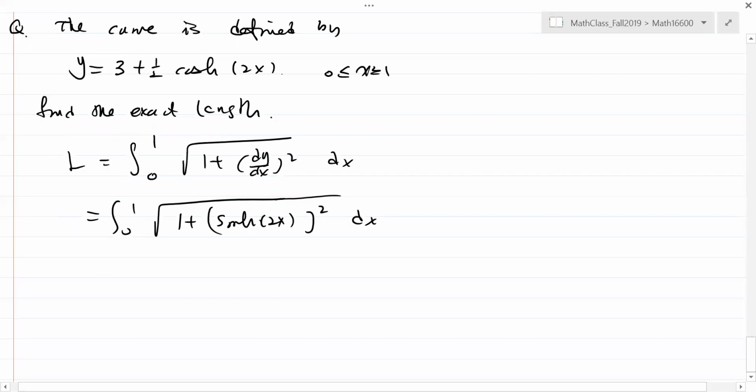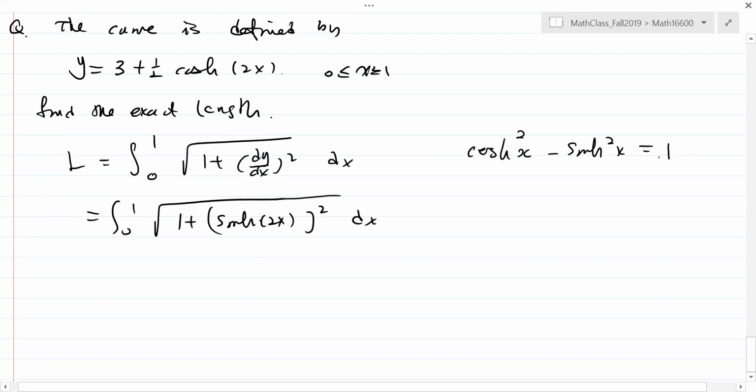Then what? Are we able to get rid of the radical? Yes, we know the formula. Hyperbolic cosine squared x minus hyperbolic sine squared x is going to be what? This is an identity. It's different from cosine squared plus sine squared equals 1.